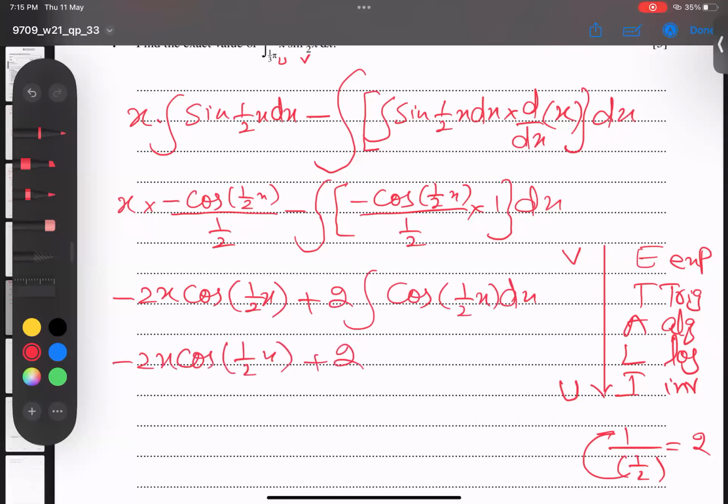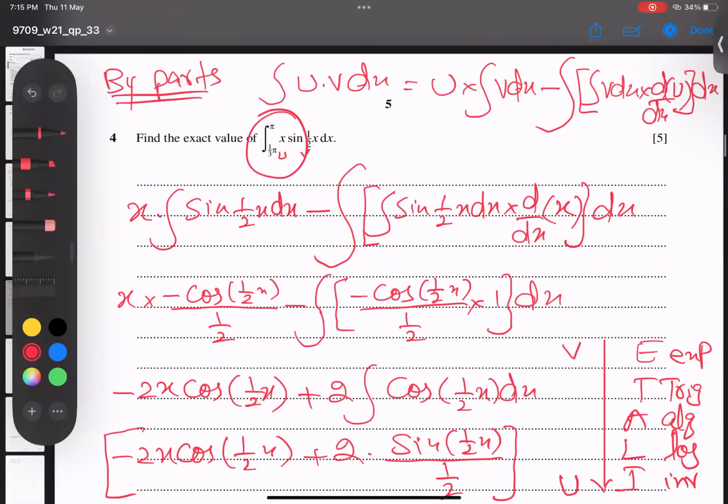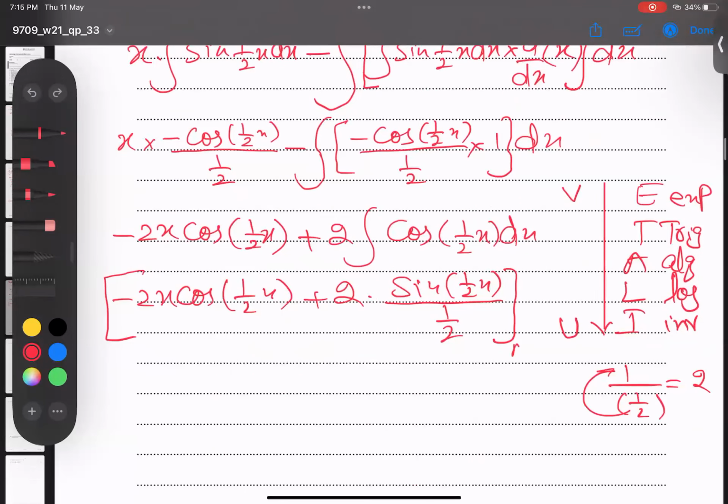And negative 2x cos half x. And what is the integration of cos? You know it very well, sine half x divided by the angle's derivative. Make sure. At the same time, I'm putting limits. And what are the limits given? Pi by 3 below and pi above. But I will simplify. This 2 will flip up, as I said before, this 2 always flips up.